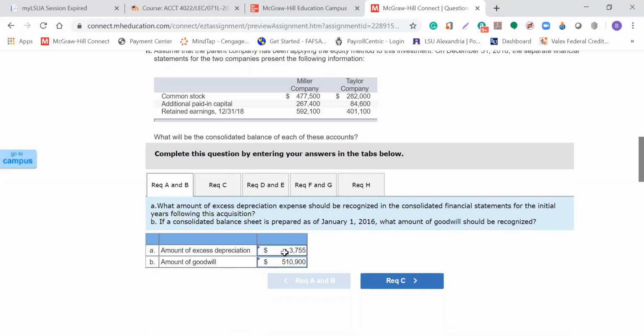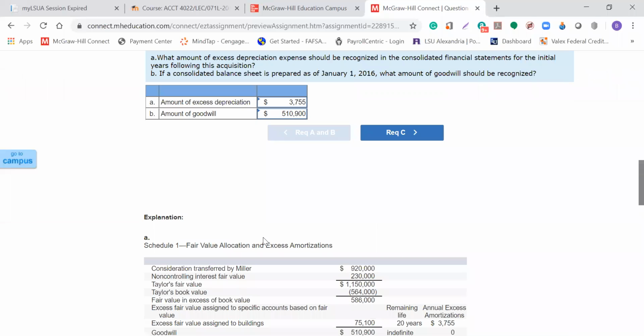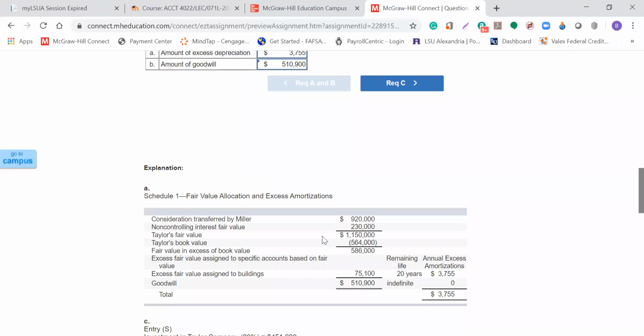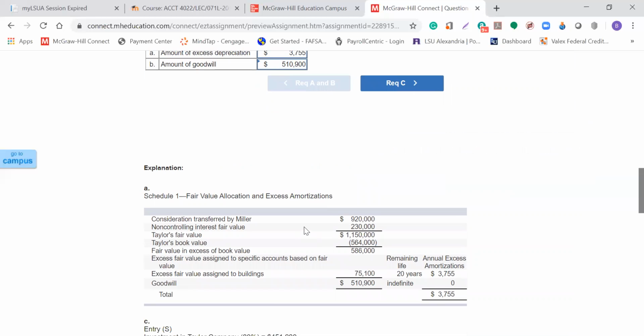require us to look at the amount of excess depreciation and goodwill. In order to do that, we have to calculate the fair value of excess amortizations. We need the consideration transferred and the non-controlling interest. Taylor's fair value is arrived from that.